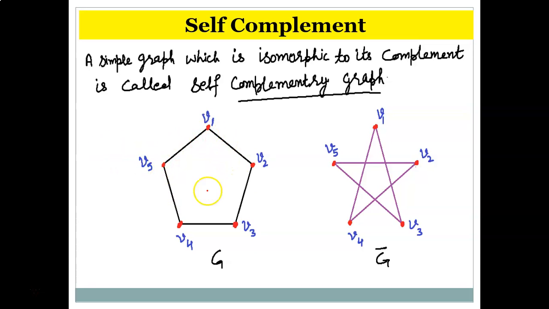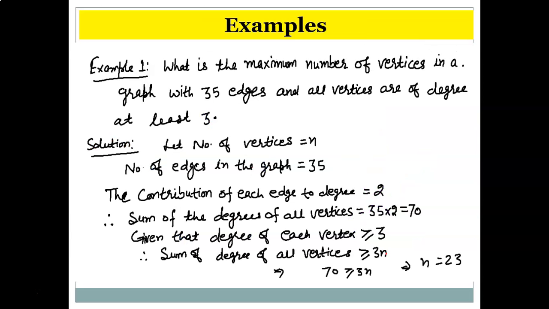Because it is a graph of 5 vertices, it must have 10 edges. So 5 edges are there. What are the remaining edges? You can see over here. These are the edges which are not present over here. So this is the complement of this. Now here you can observe that this graph G and G bar will both be isomorphic. And how you check the isomorphism of graphs, we have already discussed in the earlier lecture.